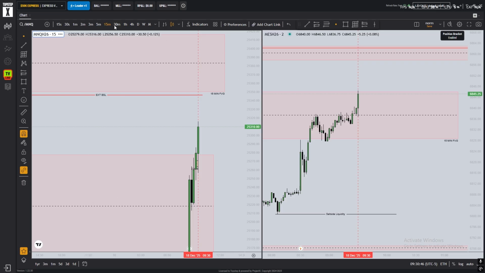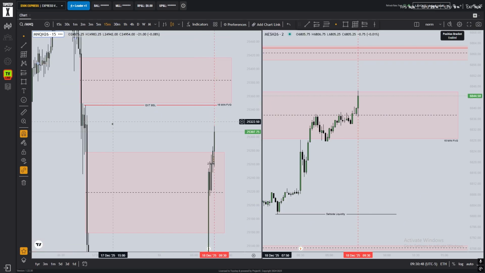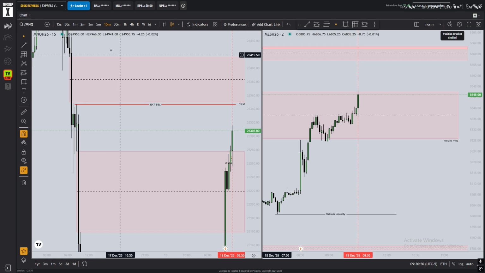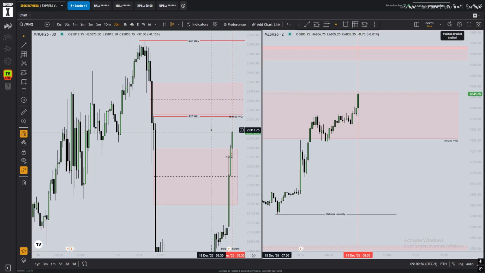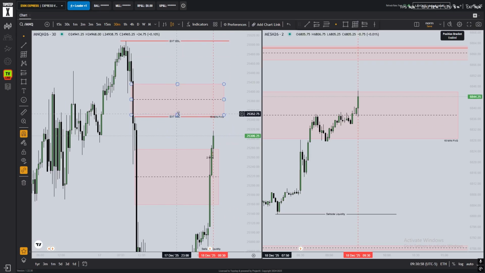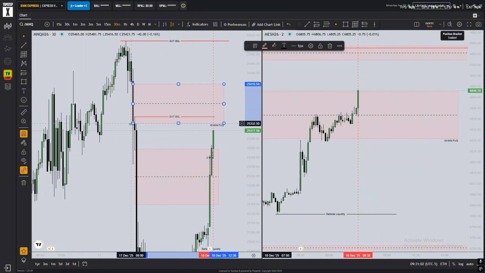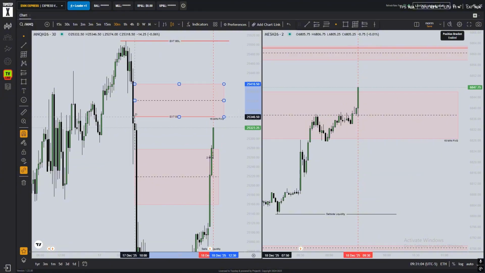It doesn't have to be the 15-minute, but I just go to the 15-minute chart so I can see it a lot easier. It's the same thing as a 30-minute, so that we can come in here and fill inside of this 30-minute. Price wants to dig inside of these gaps so that we can rebalance price.